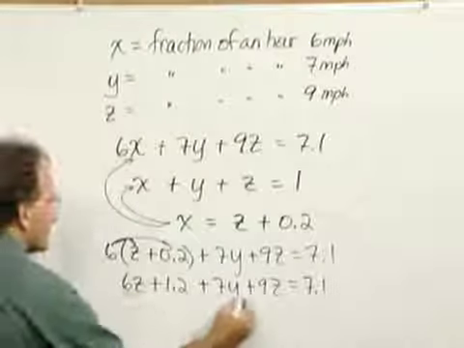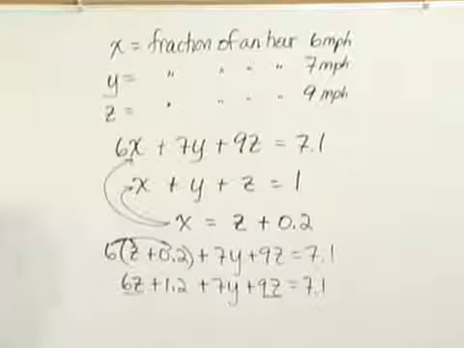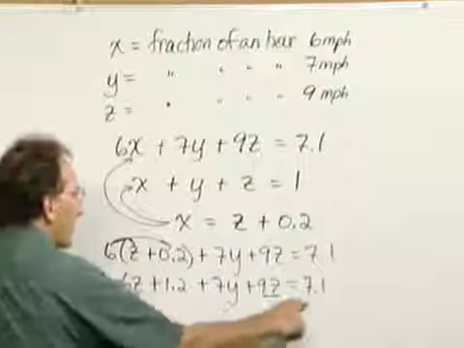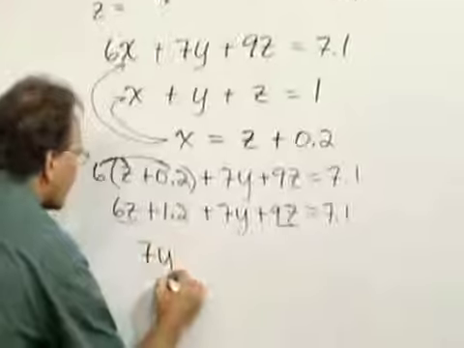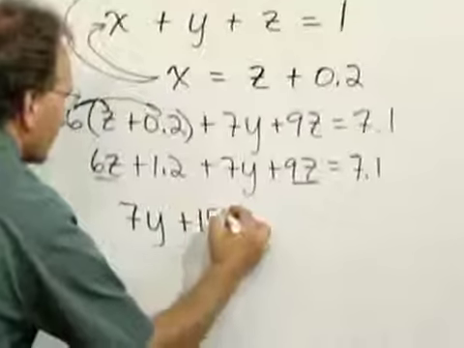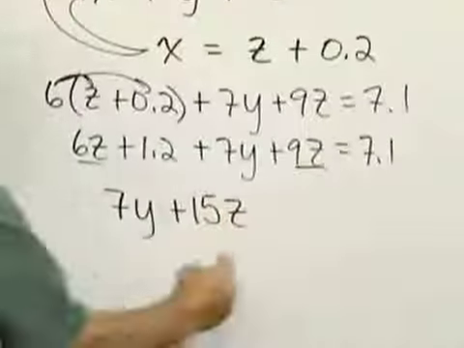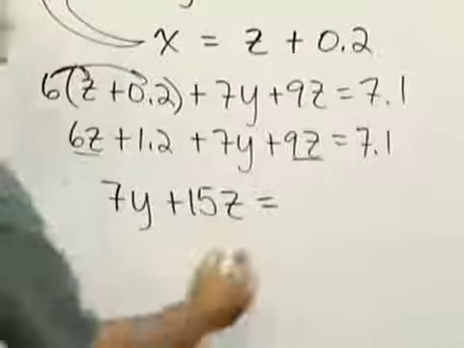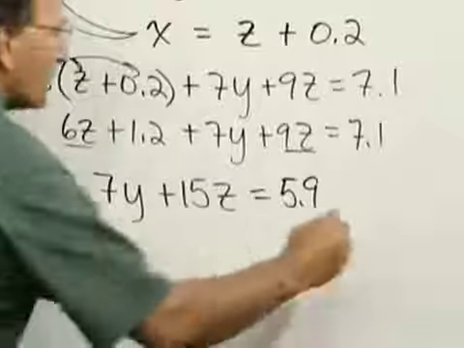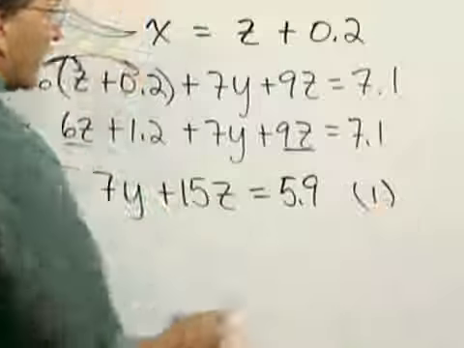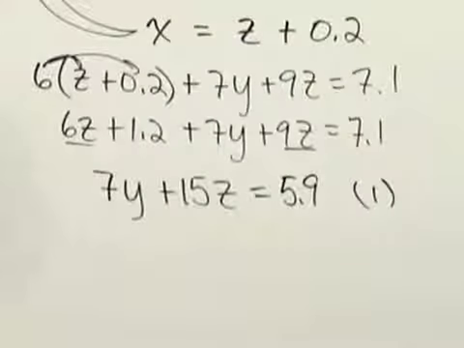Now we can combine the z's together on the left-hand side, and we could subtract 1.2 from each side. This would give us an equation 7y plus 15z is equal to 5.9. I'm going to refer to this as equation number 1, and we'll come back to that.